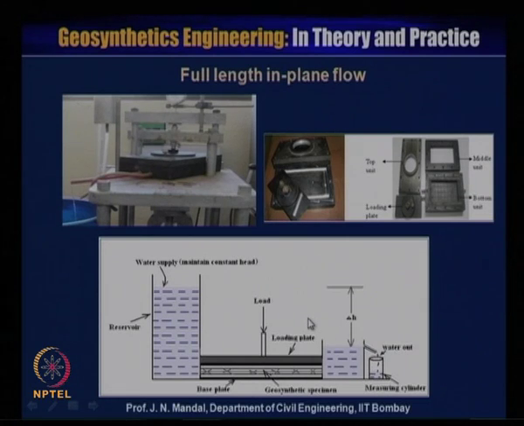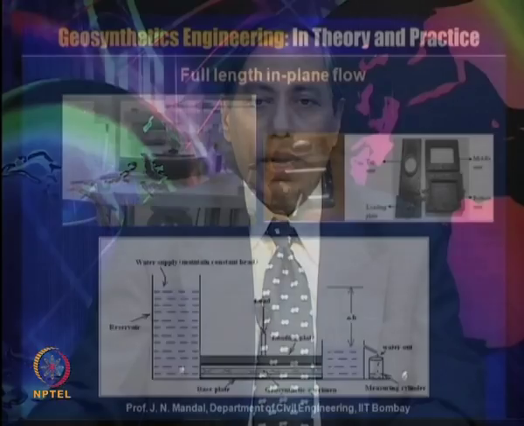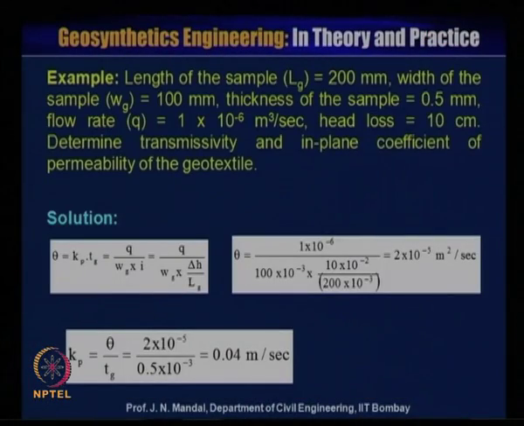Let us say initially you applied 50 kilopascal, then 100, 250, 350, 450, 550, and continue like that. Each time you give a constant load and measure the quantity of water flowing through the geosynthetic material under different loading.